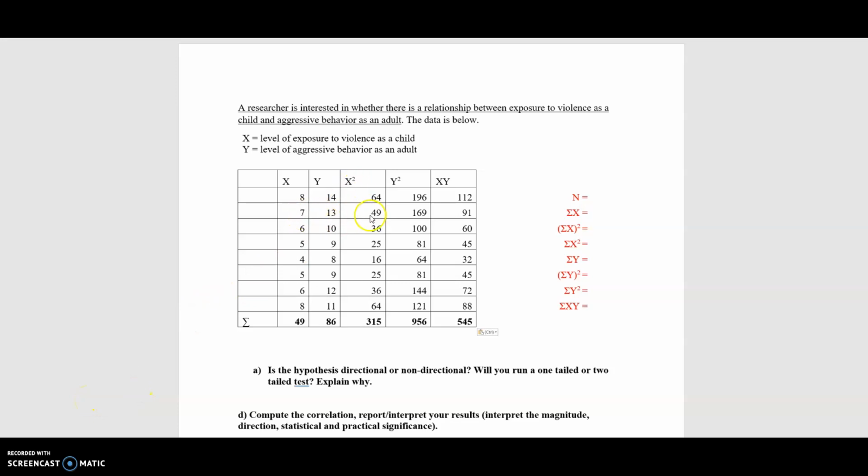Again, we simply went through, squared each x, did the same thing for each y, and then multiplied the xy for each individual. After we were done, we added up all the scores for each individual column. So here are squared x values. We added them up. Here are squared y values, which were also added up, and here we've multiplied each xy combo, and then the final step is to add up.